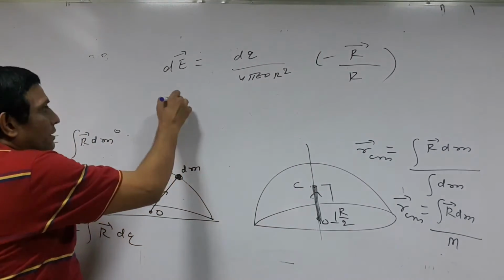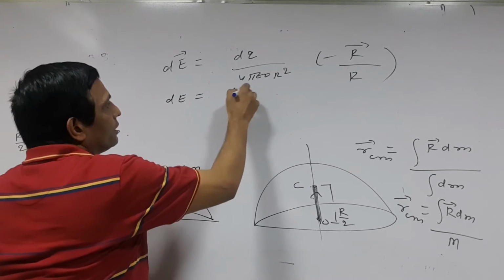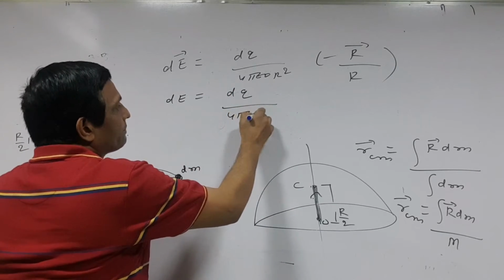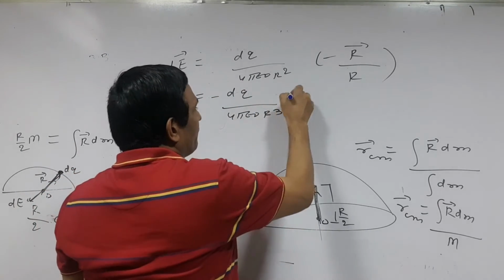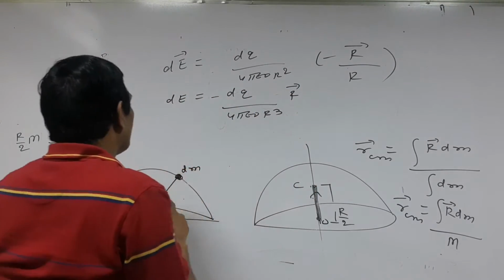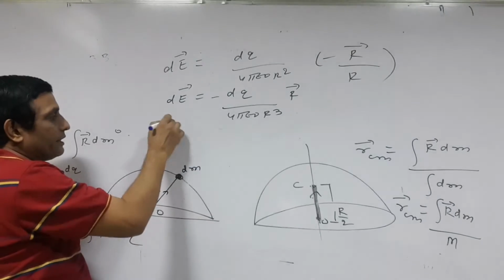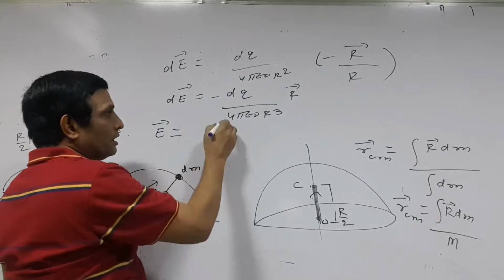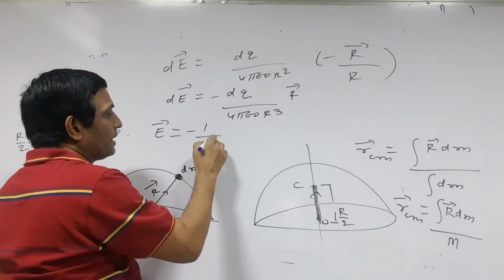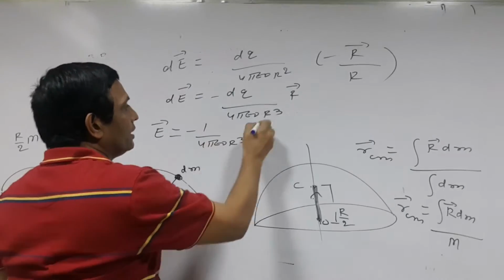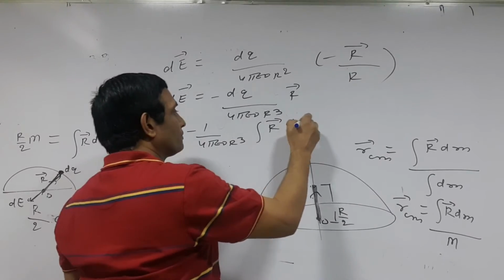From this, dE is equal to dq by 4 pi epsilon naught r cube times minus vector r. From this, your electric field will be, as this is constant, minus 1 by 4 pi epsilon naught r cube integration r dq.